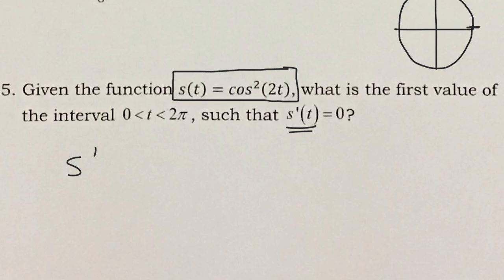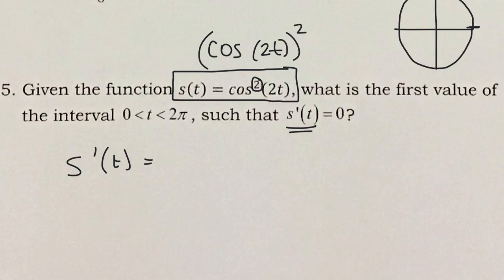S prime of t. Okay, so whenever I see a power in my trig, I like to move the power to the end, because this helps me see the different things I need to do for the chain rule. Okay, because how many functions are there in cosine of 2t squared?